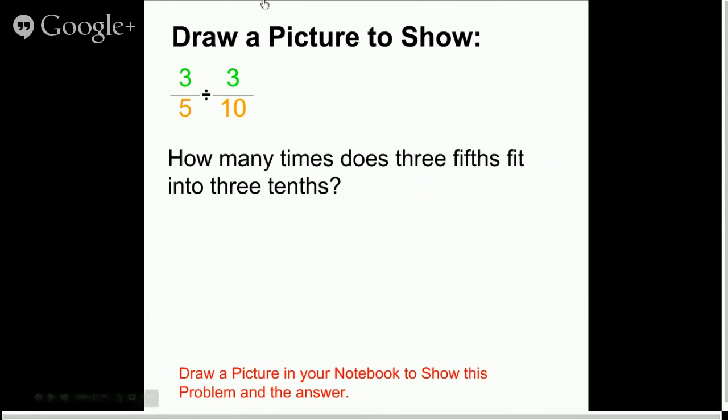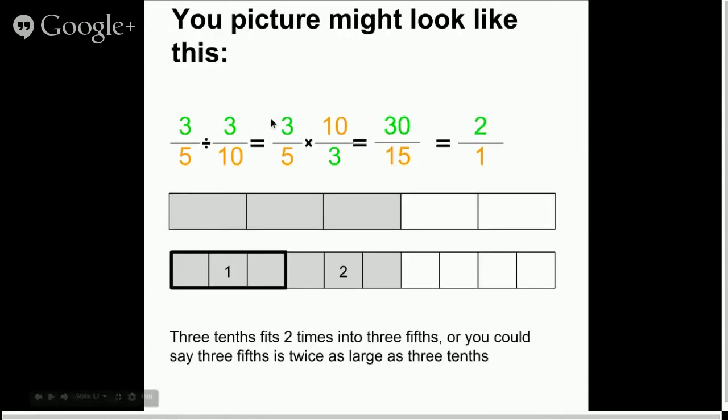Draw a picture to show 3/5 divided by 3/10. Go ahead and pause it. Your picture might look something like this. Okay, so here's the actual part. 3/5 divided by 3/10. Flip this one over. 3 times 10 is 30. 5 times 3 is 15.